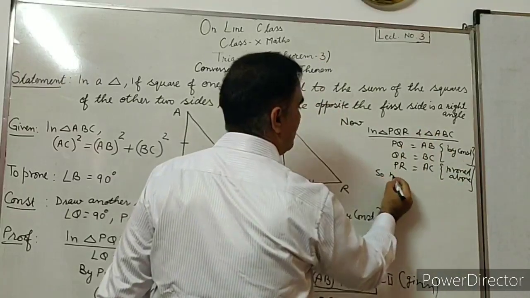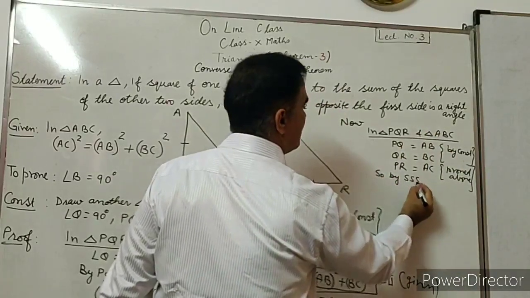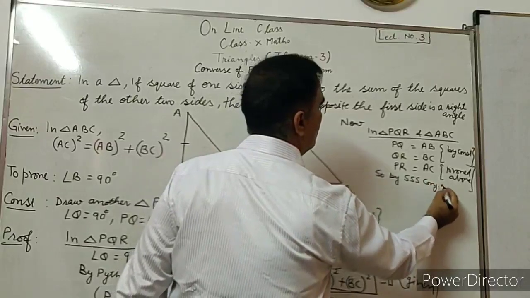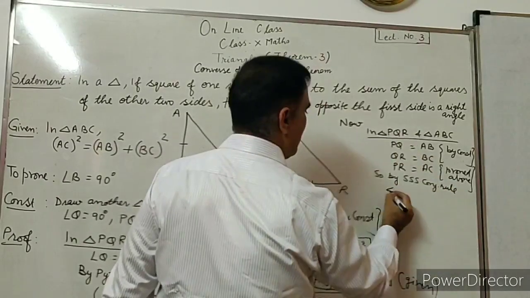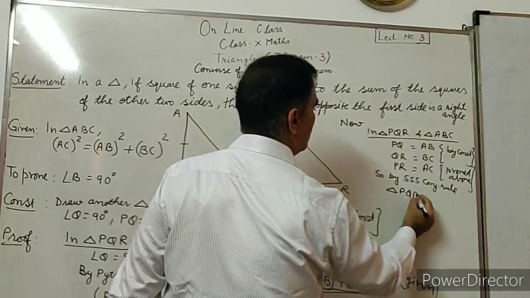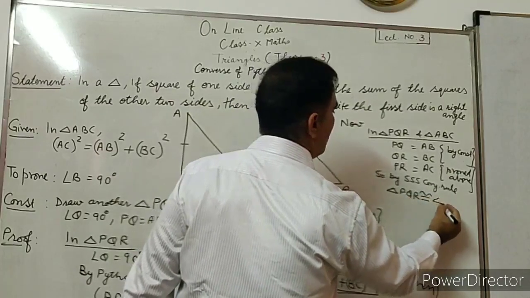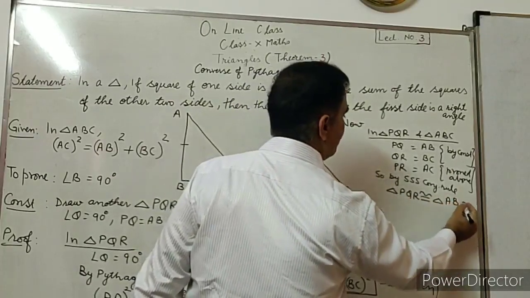So by SSS congruence rule, triangle PQR is congruent to triangle ABC.